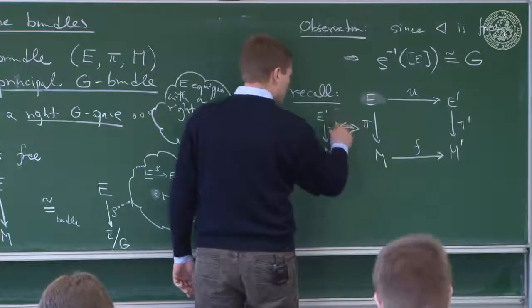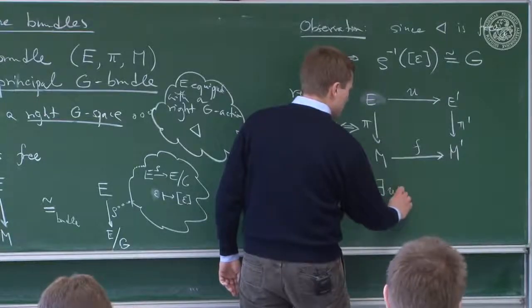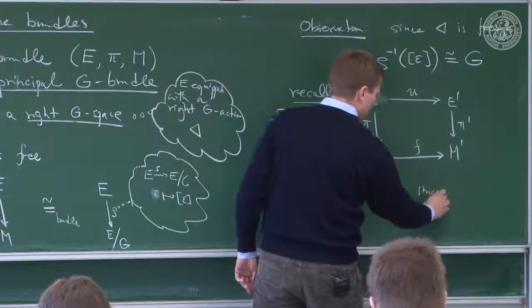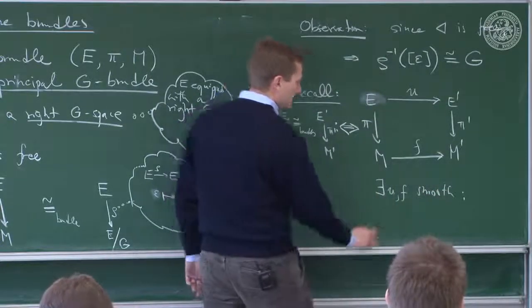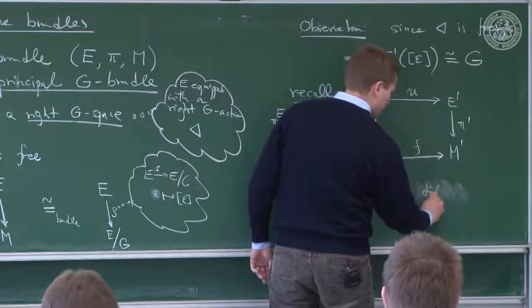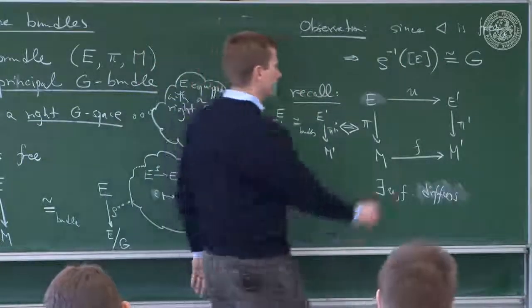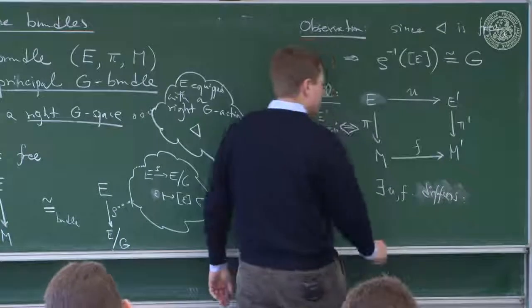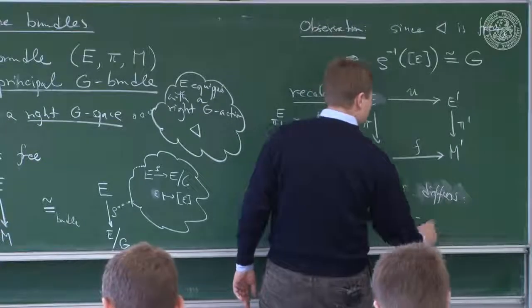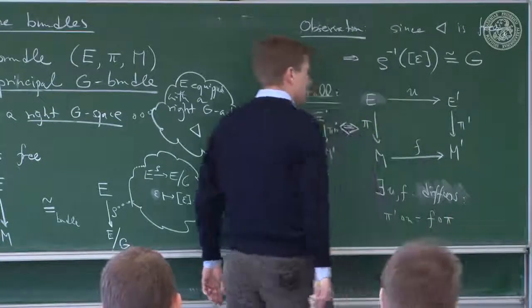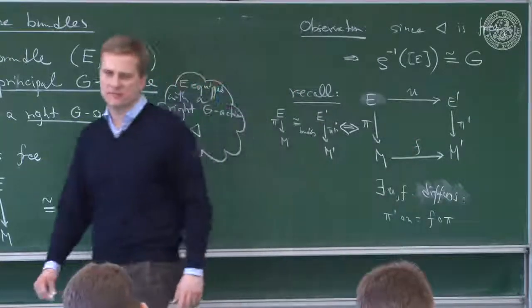by definition if and only if there exist smooth maps U and F, actually diffeos, smooth and invertible, you can go in both directions, such that pi prime after U is the same as F after pi. So I could also say there exist diffeos U, F such that this diagram commutes.